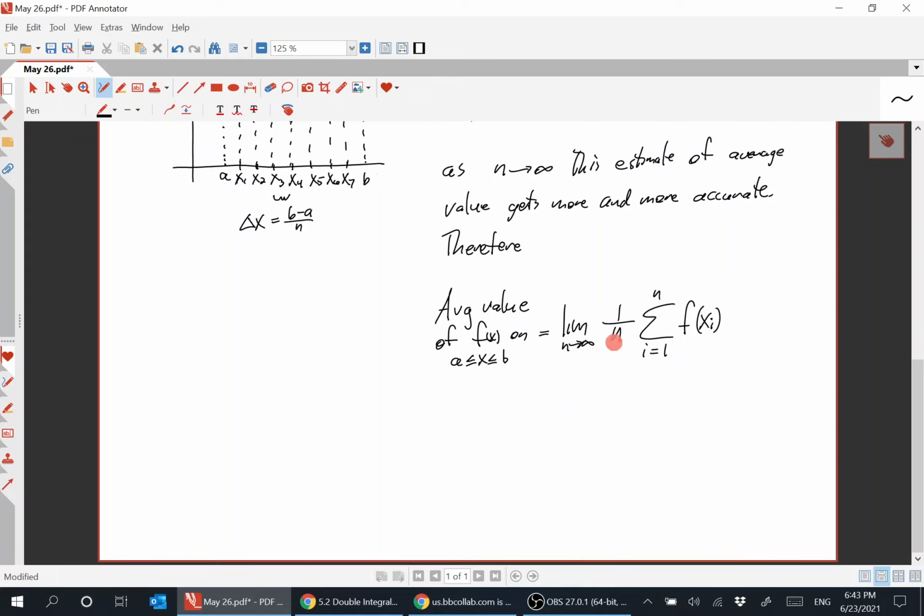So if you take this quantity here now and you rewrite it as the limit as n goes to infinity of 1 over n times the sum i equals 1 to n of f of x_i times b minus a over b minus a. And that's, of course, equal to 1.